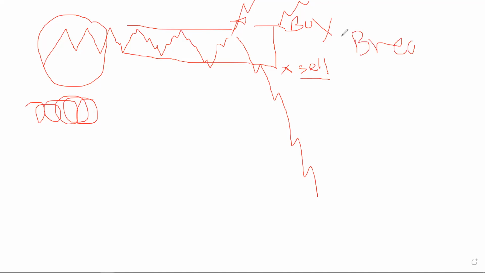Breakout. Now, if you hear people saying they are timing the London breakout, it means they're timing the market at 10 o'clock when the London market opens. The London market opens at 8, but it's London 8 o'clock. Here in Kenya, it's about 10.